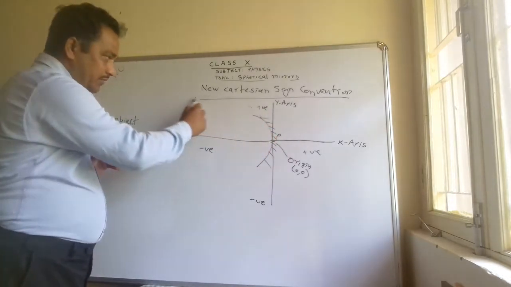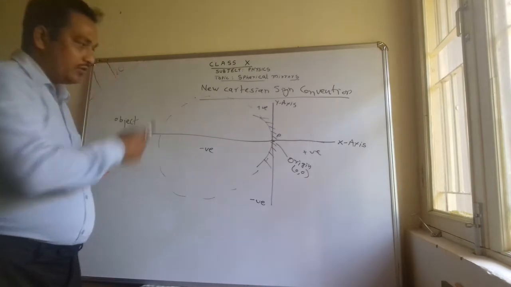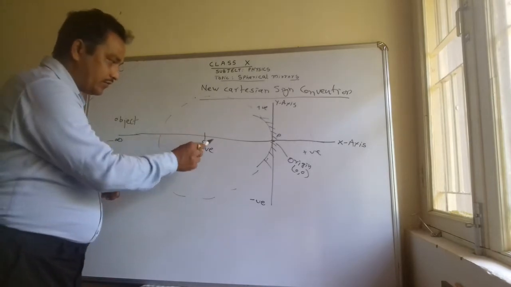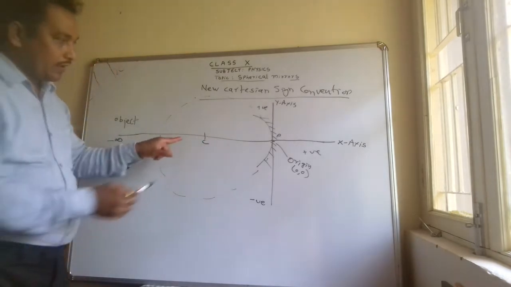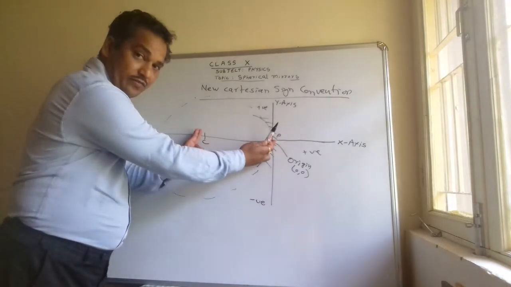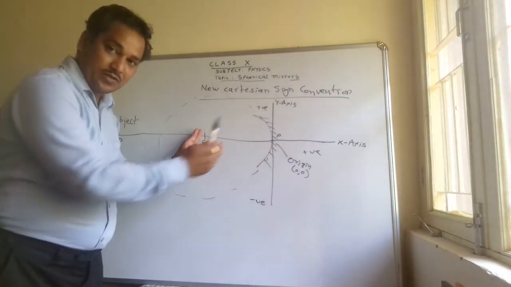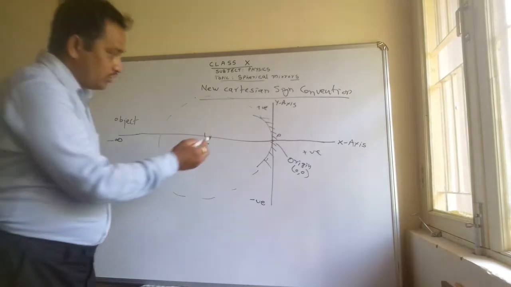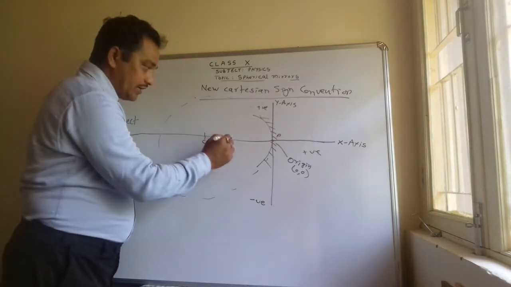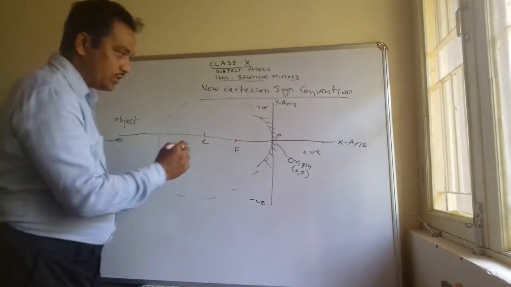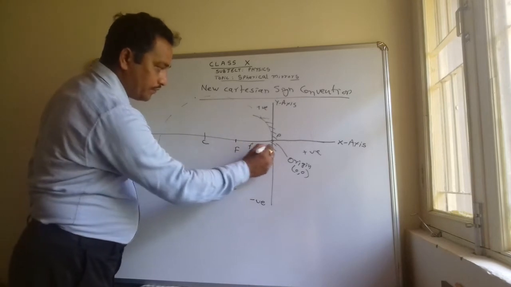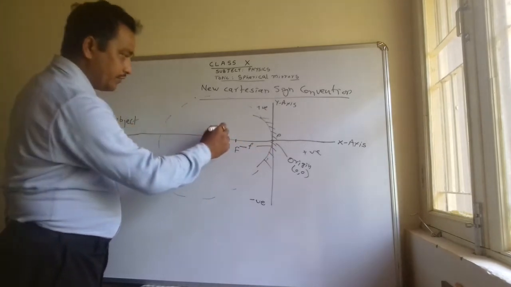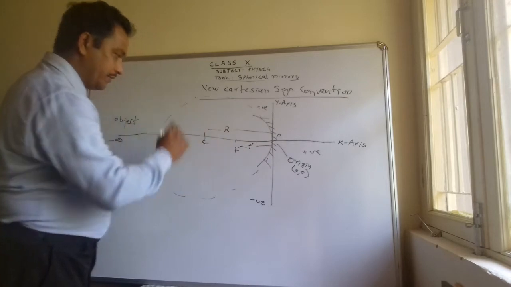So here this is an imaginary circle, and the midpoint is the center of the curvature. Correct? And this distance will be the radius of curvature. So this length is always negative because it is on the left hand side. Is it? So radius of curvature will be negative. Similarly, this is the focus and focal length will also be negative.